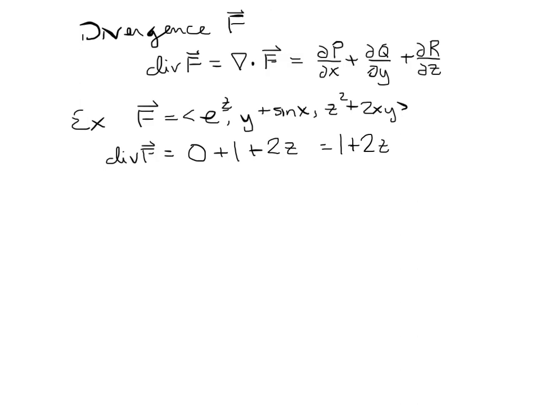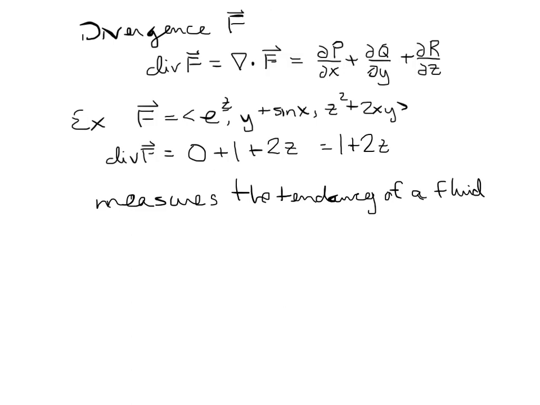So curl is a scalar. I'm sorry, I said that wrong. Curl is a vector. Divergence, you get a scalar function. And divergence measures the tendency of a fluid to diverge from a point.